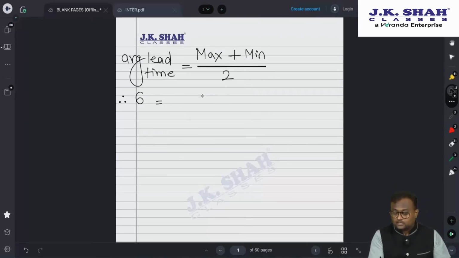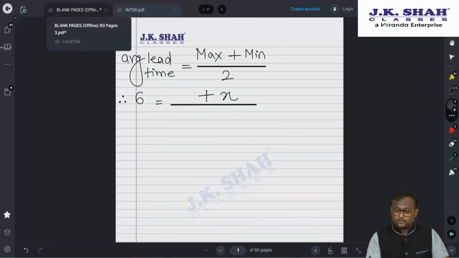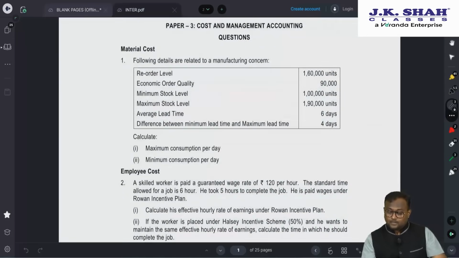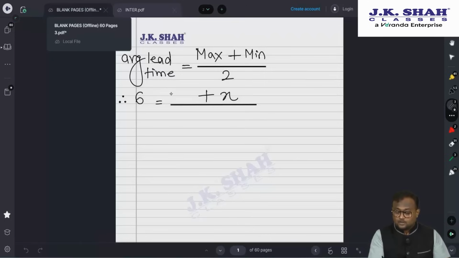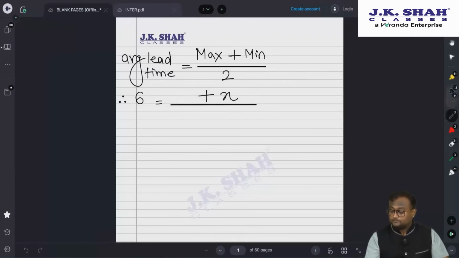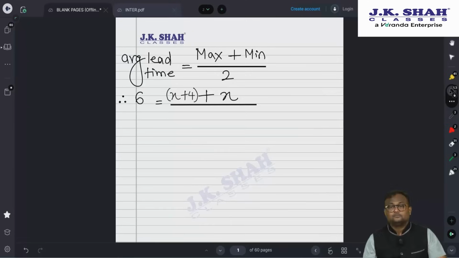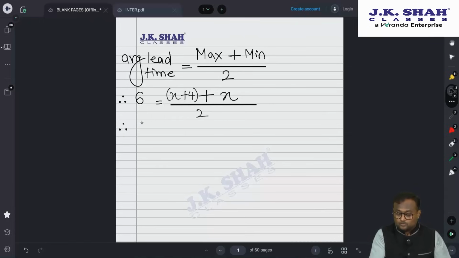But if I see the information, read this: difference between minimum and maximum lead time is 4 days. So, if I assume minimum to be X, maximum will be X plus 4, divided by 2. So, we have 12 equals 2x plus 4.